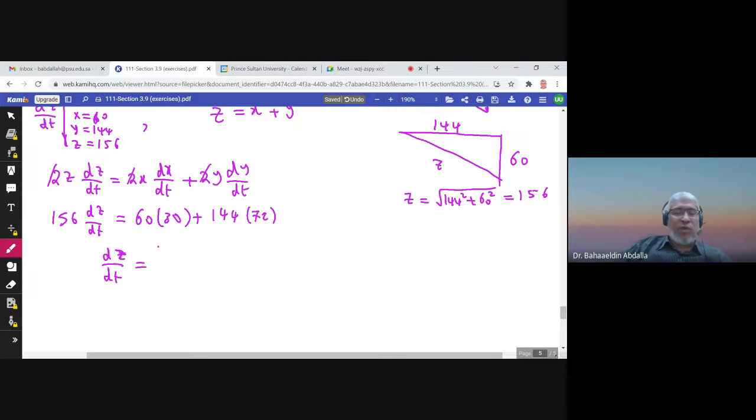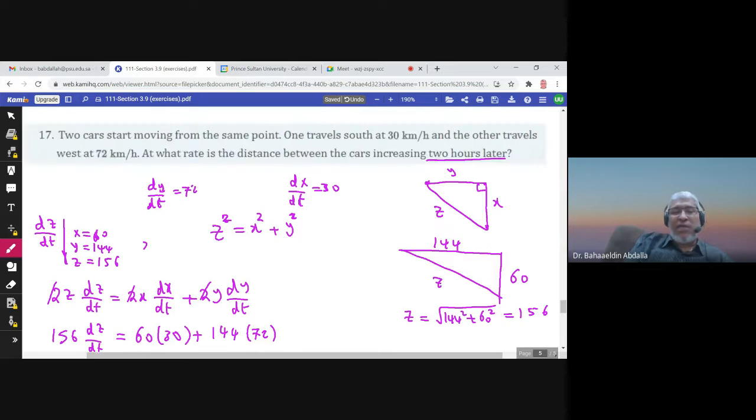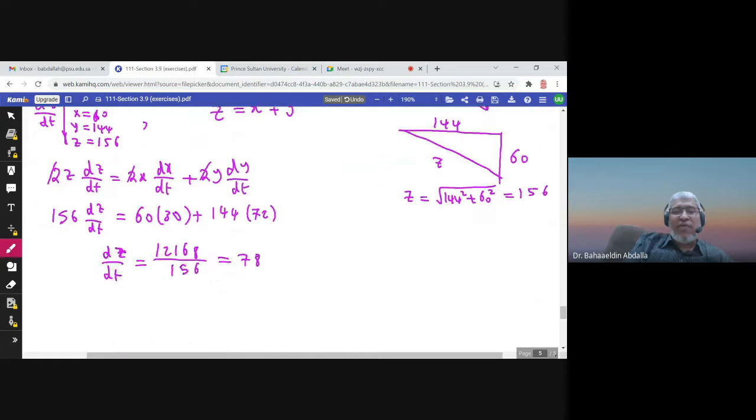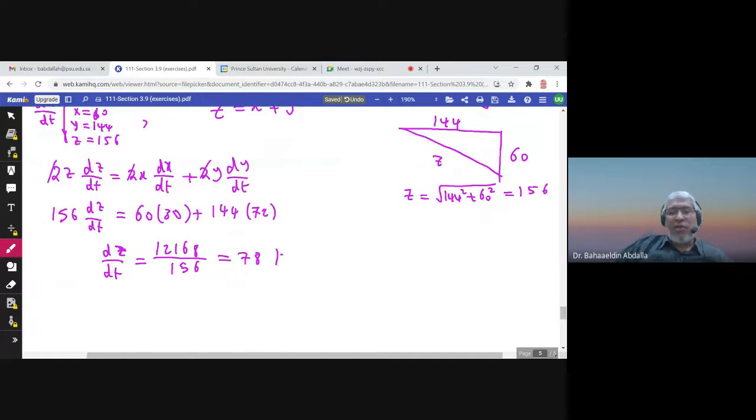That's 12168 over 156. And the answer is 78. So the distance is increasing by a rate of 78 kilometer per hour.